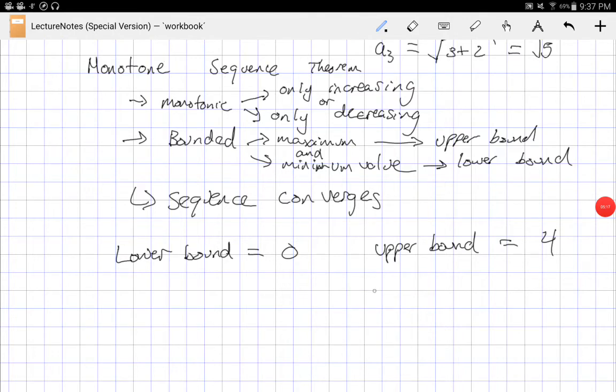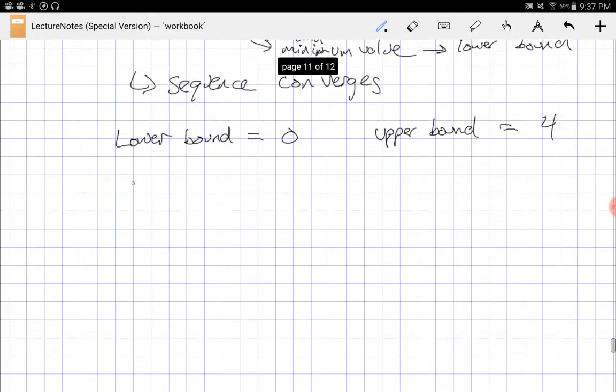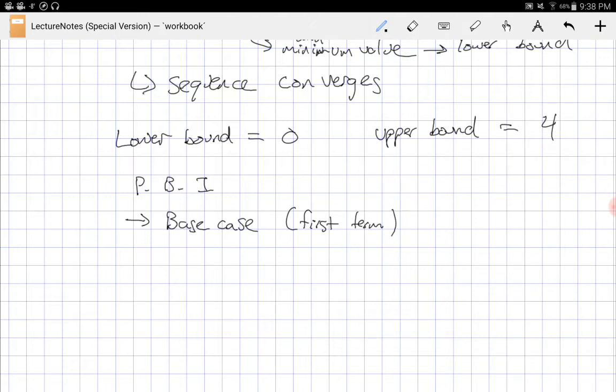And so in order to prove both of these facts, we use what's called proof by induction. Proof by induction basically states that if something is true for the base case, so for the first term, and if it's true for the nth term, so every term after, then it must hold true for all terms, which makes sense, right?